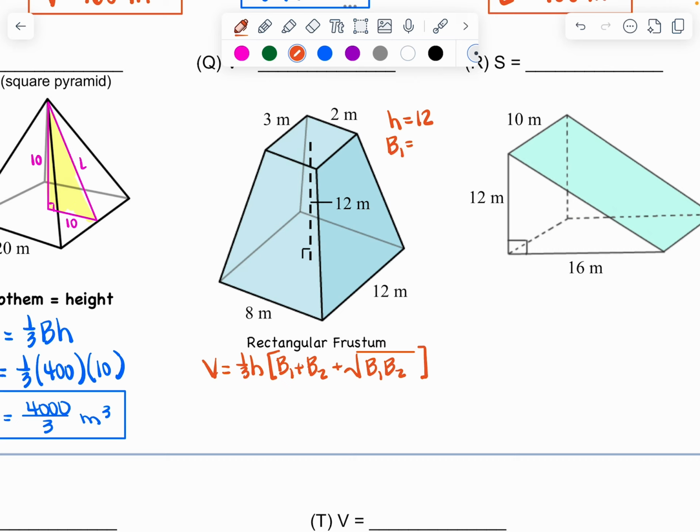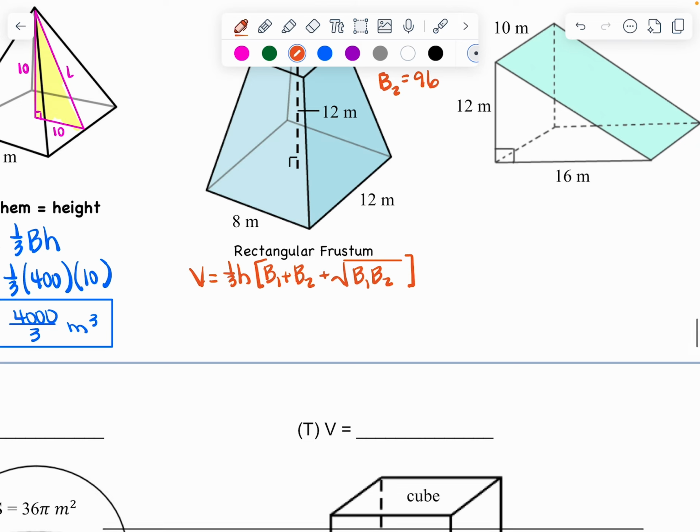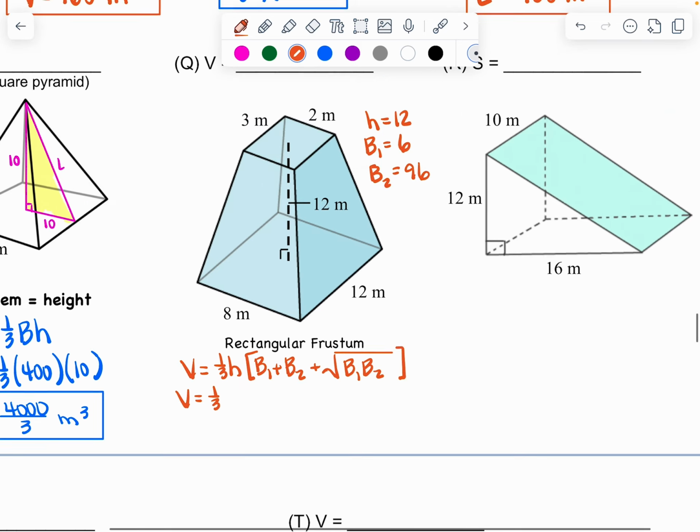Okay, and so my height is 12, so I'm just going to write this up here. They gave that to me. The area of the top base, which I'm going to call B1, it doesn't matter, is this 2x3 rectangle, so clearly it has an area of 6. And then B2 is going to be my second base down here, which is an 8x12 rectangle, which gives me an area of 96.